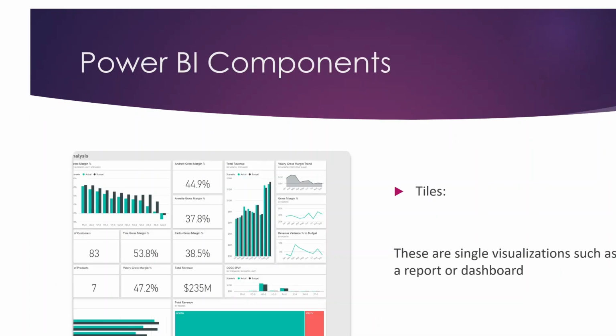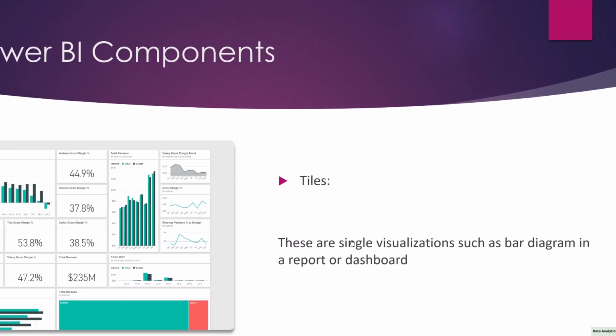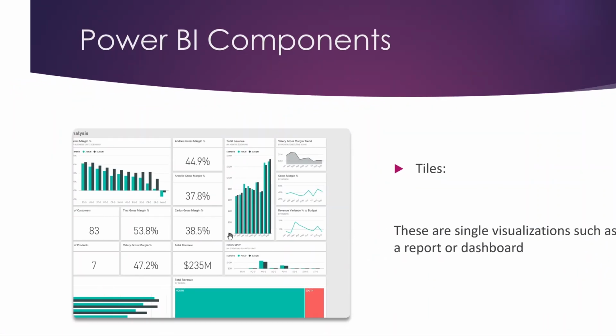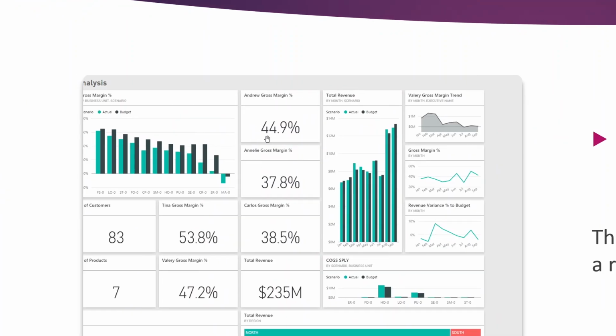So tiles are another important component in Power BI. What's a tile? These are single visualizations such as a bar diagram in a report or dashboard. They are single visualizations. Look at here. We are seeing 44.9 percent, which is the gross margin percentage.